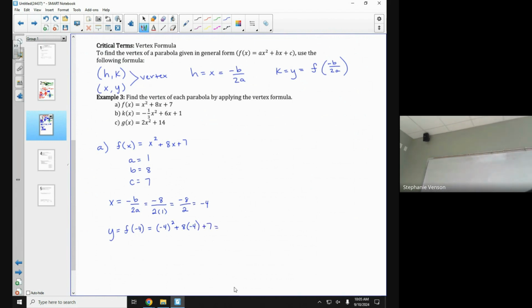Okay, so negative 4 squared plus 8 times negative 4 plus 7, and I got negative 9. So that means my vertex for this f of x function is negative 4, negative 9.